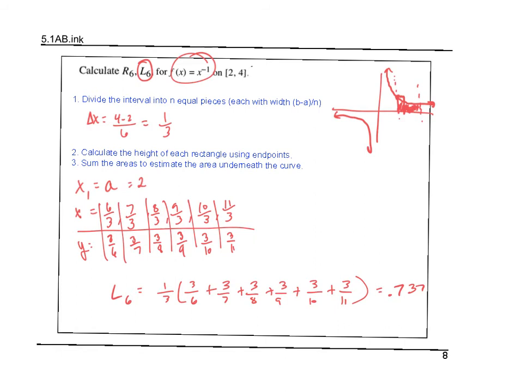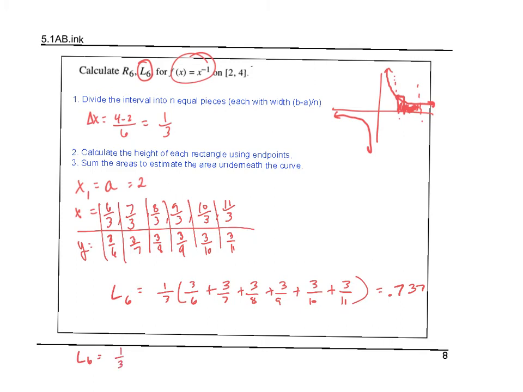Okay. The next thing that I'm going to put up here is notation that only AP kids need to look at. Okay, so regular class, don't worry about this notation. I'm going to put it up here, but I'll definitely talk about it more in class. And the notation is using summation. So I would write this summation.